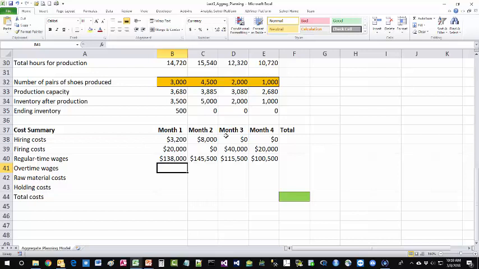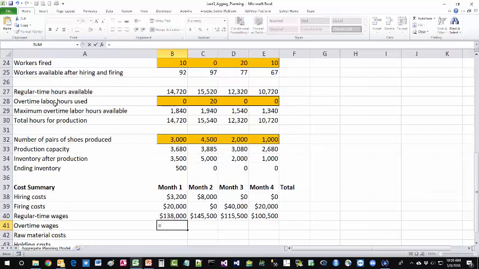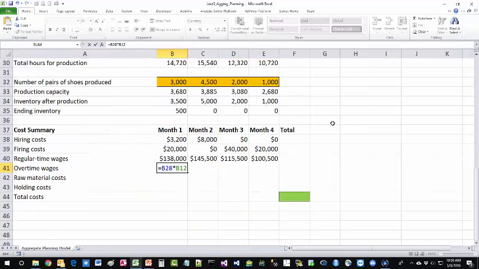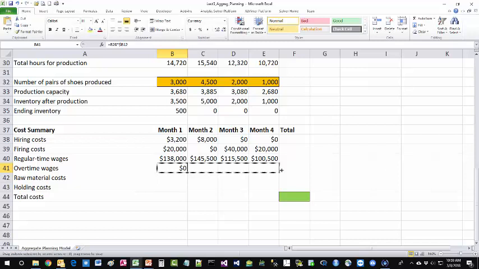The overtime wages, on the other hand, are based on the overtime labor hours used times the overtime wage rate per hour. Again, fixing the B12 and then copying that to the right.